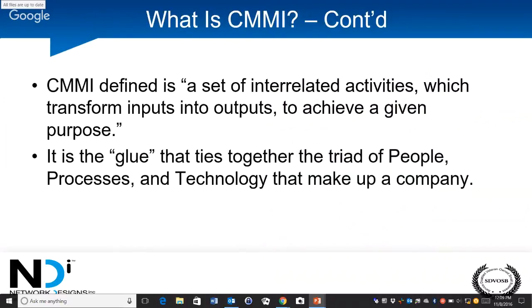So further defined, CMMI is a set of interrelated activities which transform inputs into outputs to achieve a given purpose. In other words, what all we do to get to our end goal of our product, in our case, our project, our software, it's everything that we do to get to that end result.